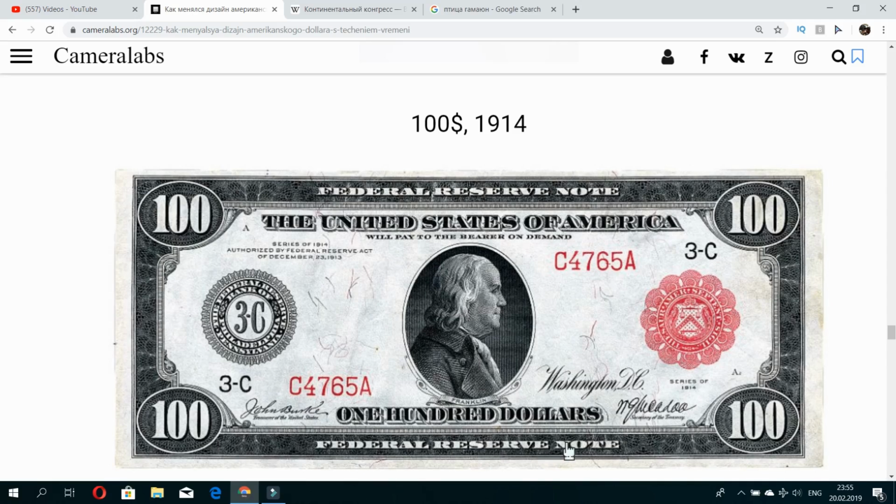The Federal Reserve is authorized by the Federal Reserve Act of December 23rd, 1913. It's the first series of 1914. We have Franklin here, the good old Franklin that we know, but standing a different way.